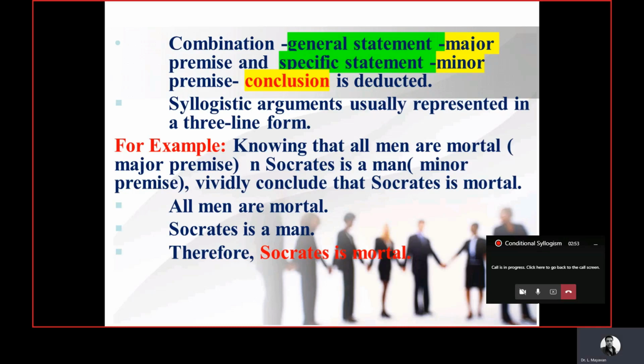Out of these premises, we arrive at a conclusion, and we can vividly conclude that Socrates is also mortal. All men are mortal. Socrates is a man, therefore Socrates is mortal. Therefore Socrates is mortal is the conclusion. And we arrive at the specific conclusion based on the two propositions, one is a major and another one is a minor proposition.